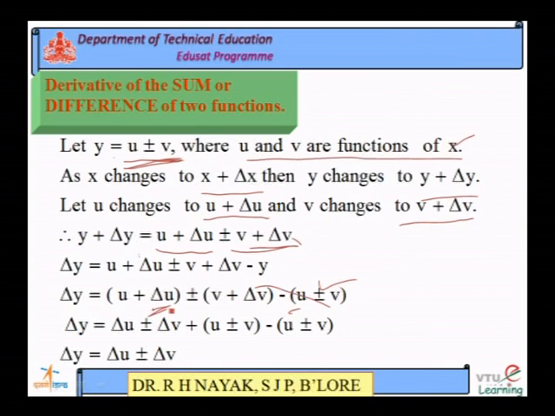This delta u plus or minus delta v. Then what is remaining? u, this plus or minus v, here minus of u plus or minus v. u plus or minus v get cancelled, remaining is delta u and delta v.